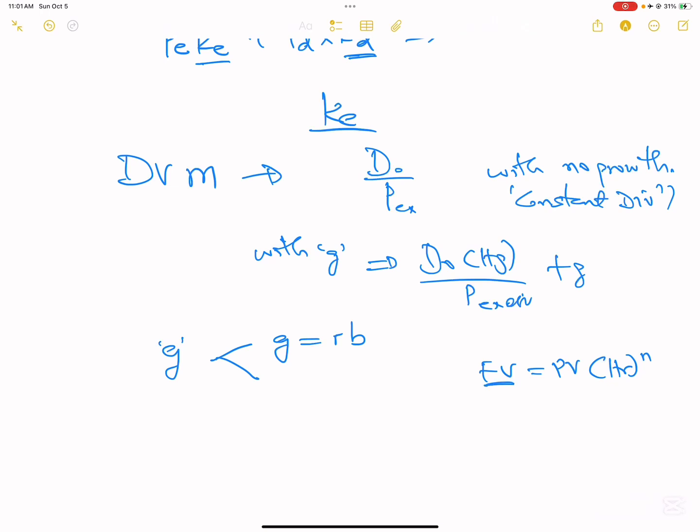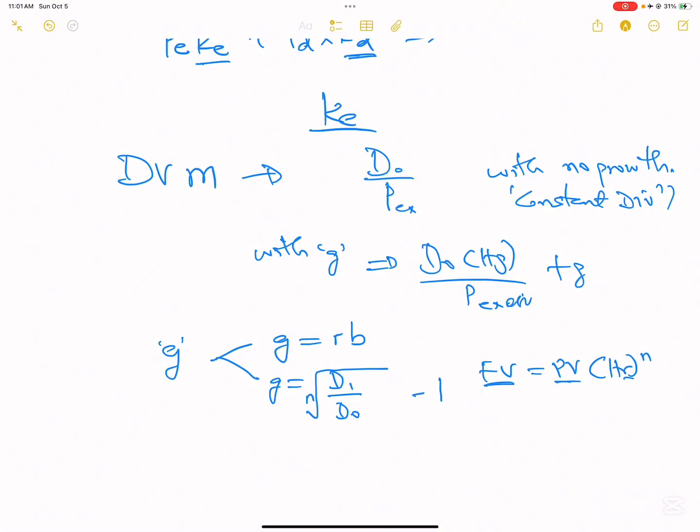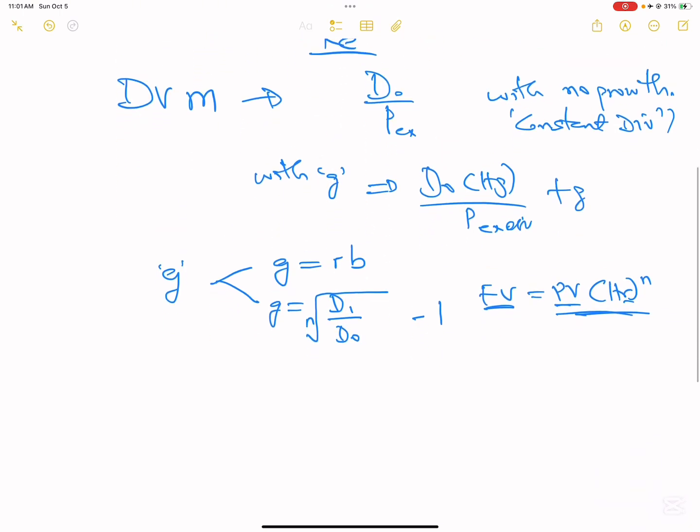So if F is your latest dividend, PV is your old dividend, r is your g, then you can estimate what g is, and which means g will be equal to the nth root of your recent dividend, let's say D1, divided by the old dividend D0, all of that minus 1. That is derived from this formula. Okay, that's how you usually calculate your g, and that is cost of equity using dividend model.